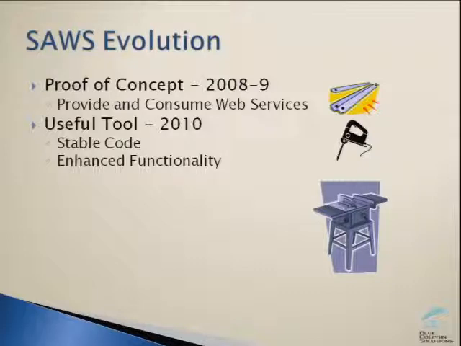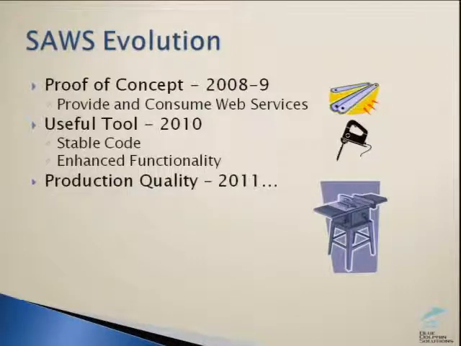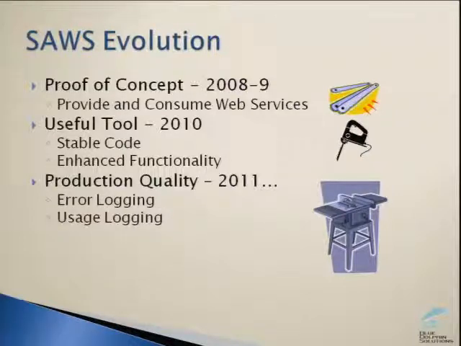As I said, the code is stable, we've got some enhanced functionality, and what we're looking at into 2011 is really turning this into a production quality tool, where we'll have error logging, we'll have usage logging, we'll have a management console so that when you fire up a SAWS web server, you can manage it remotely through some sort of a web browser interface.